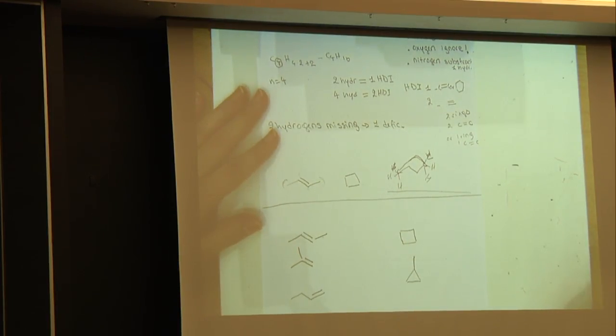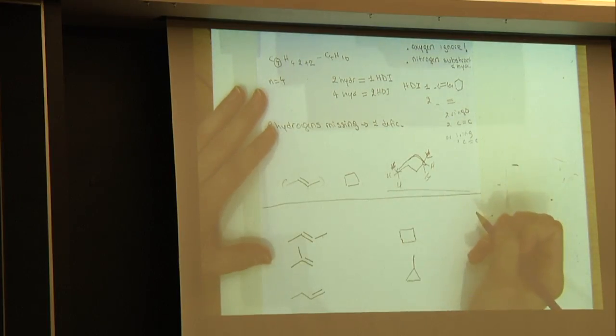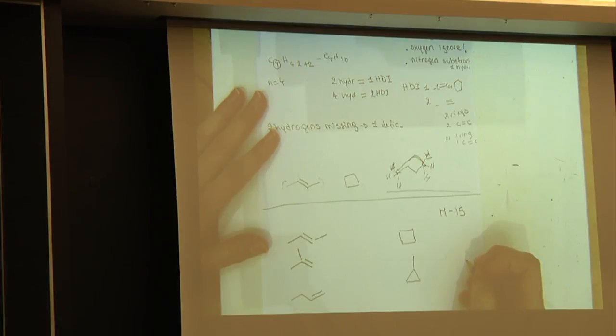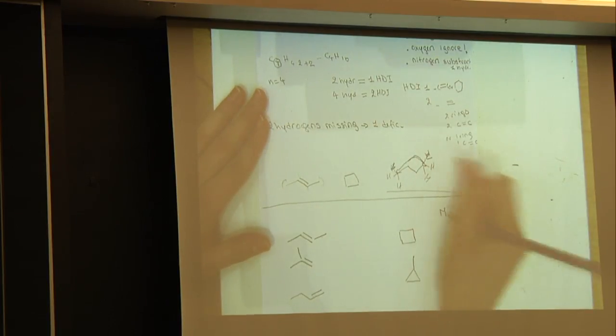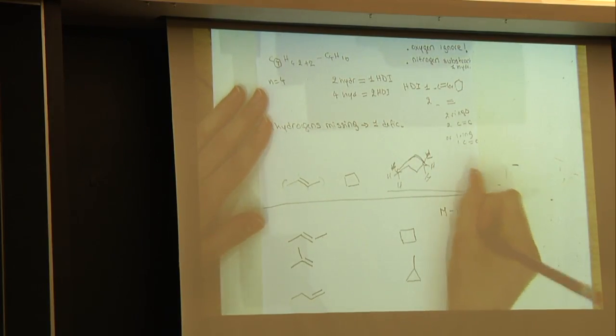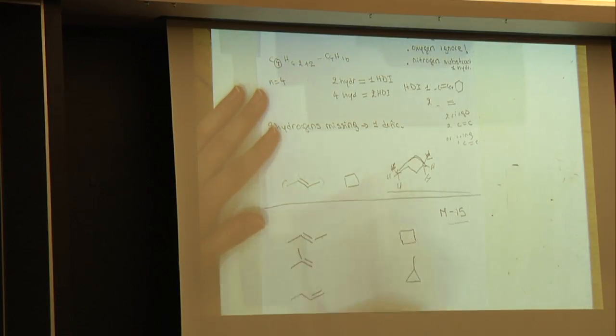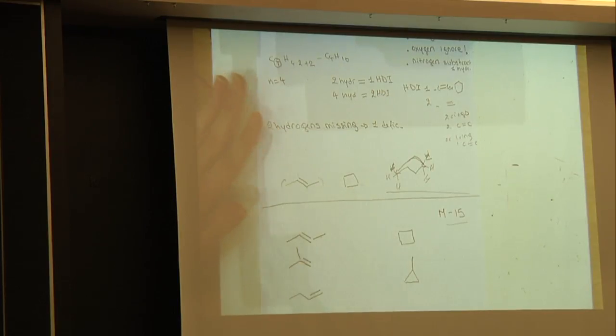Now, out of those 5, which one do you expect would exhibit a strong signal at M-15 in the mass spectrum? Just so we know, M-15 indicates the loss of a methyl group, right? So I'm basically looking for a fragment that will be quite stable at M-15.